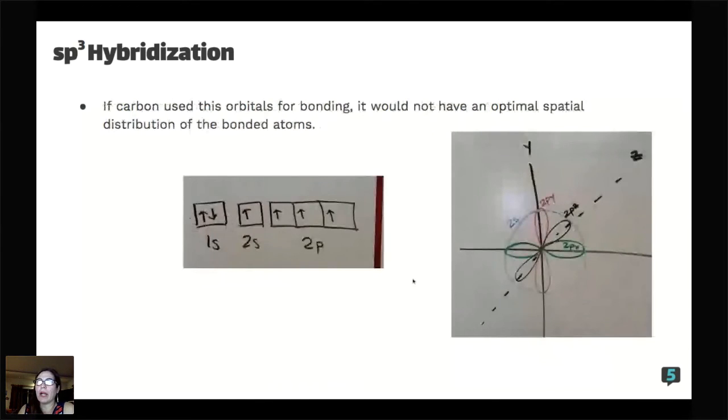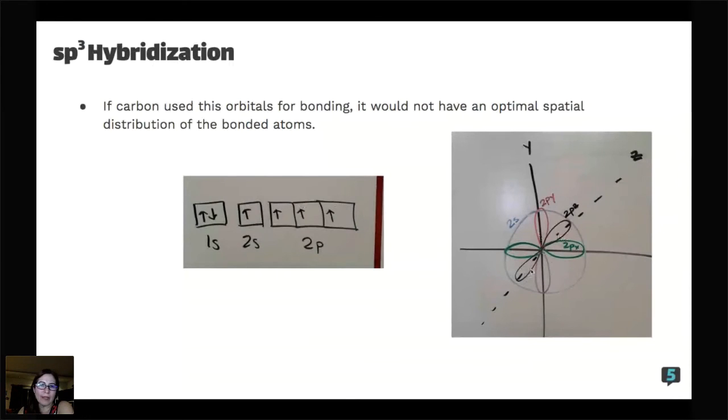So now when carbon bonds with 4 atoms, we will have 1 s orbital, which as you remember, is a sphere, the s orbital. And we have 3 p orbitals. Remember that these arrange in space on the x, on the y, and on the z axis.